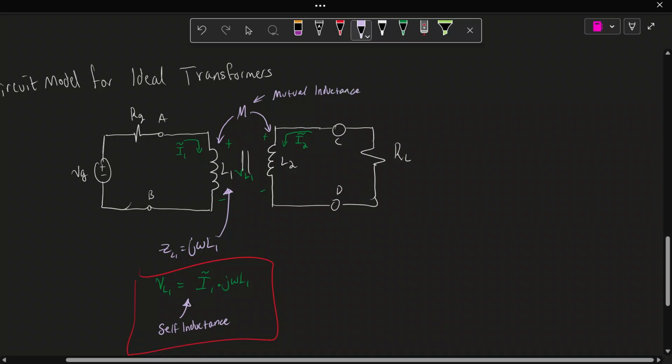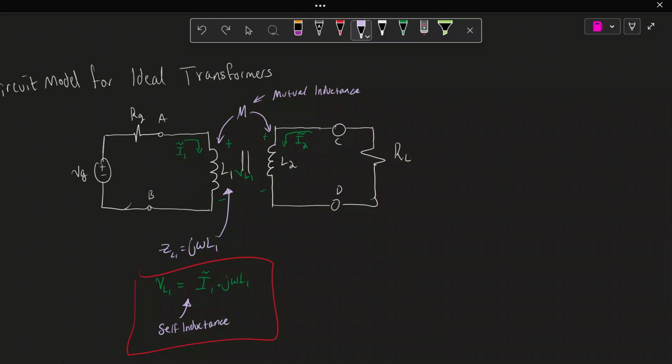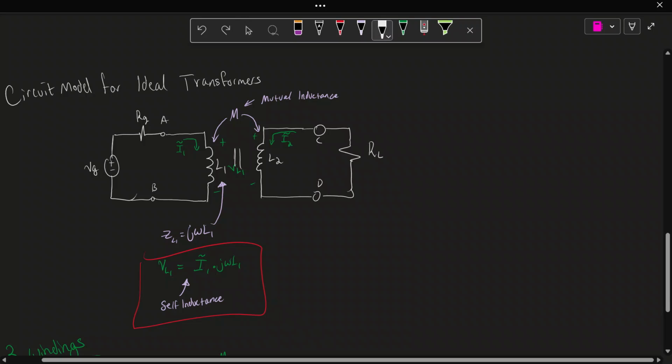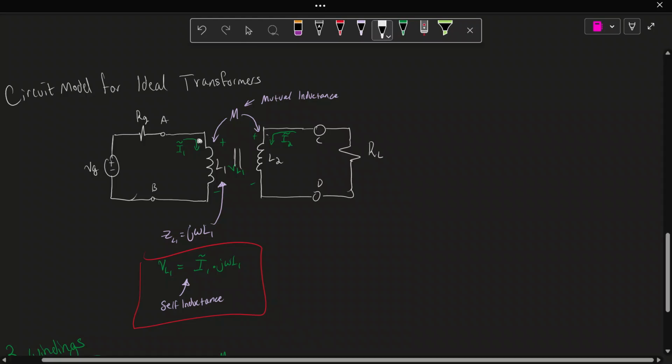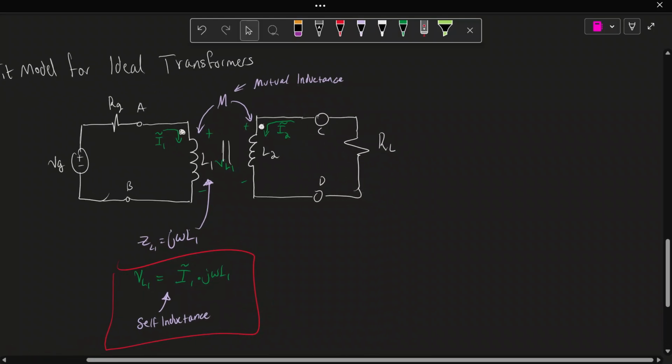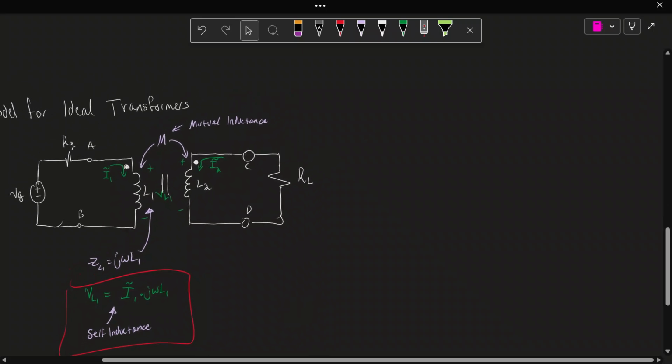So you can think about this as the flux of, let's say, L1 affecting L2. So the flux of L1 will affect the voltage drop across L2. This will make more sense when we get to it. But remember those dots earlier. Let's say we have a dot here and a dot here. Well, what do we know about the voltage drop across L1?